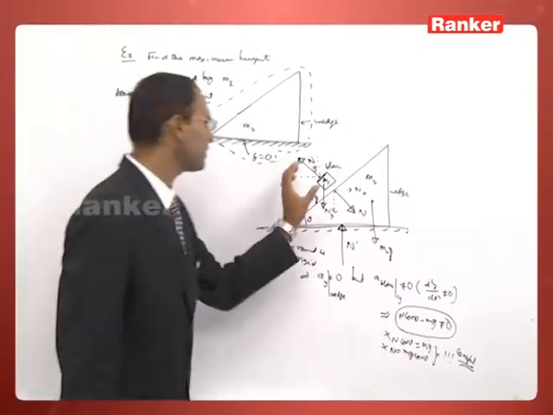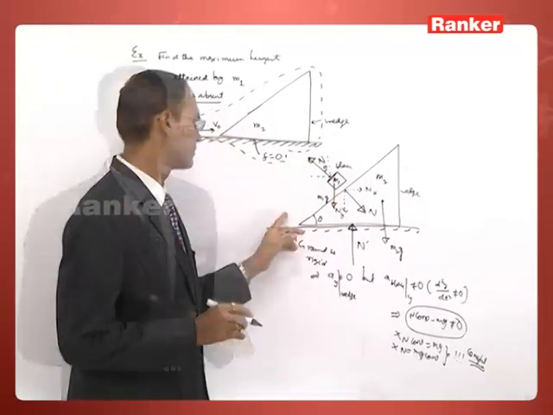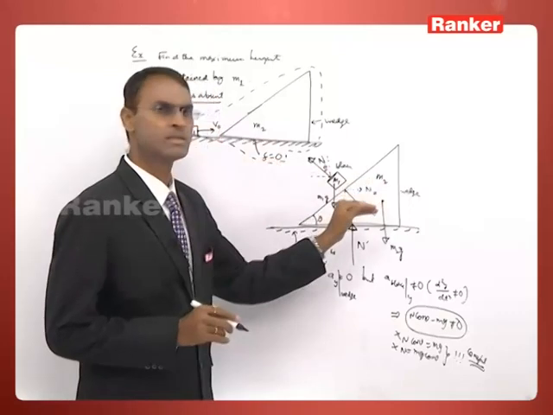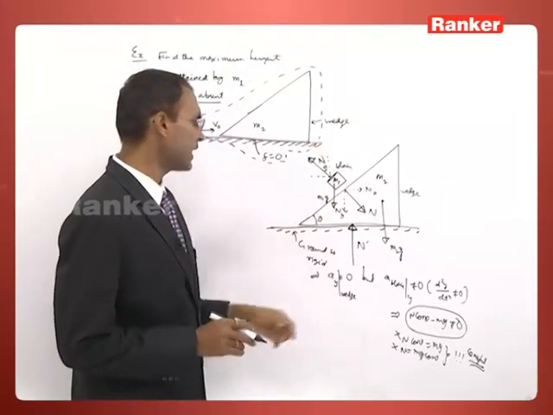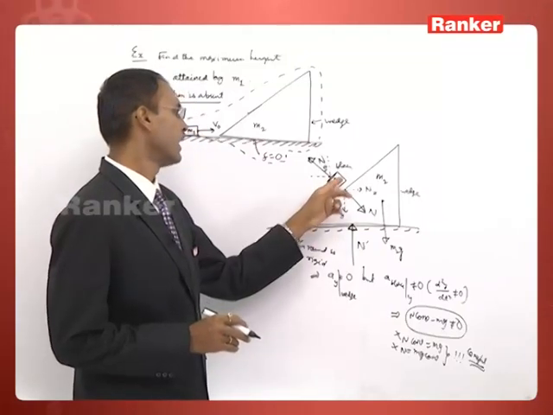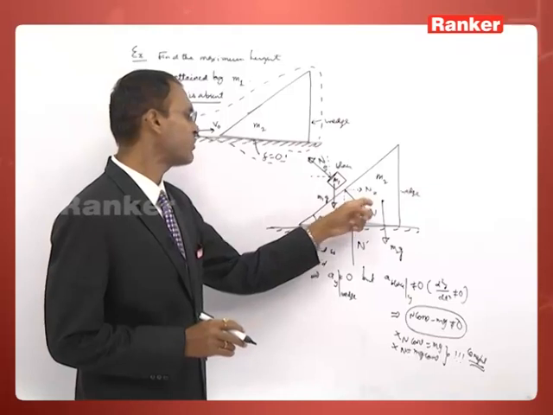I am analyzing the particles of the system one by one, along horizontal direction and along vertical direction. Along vertical direction, its acceleration is not equal to 0, whereas the acceleration of the wedge is 0.